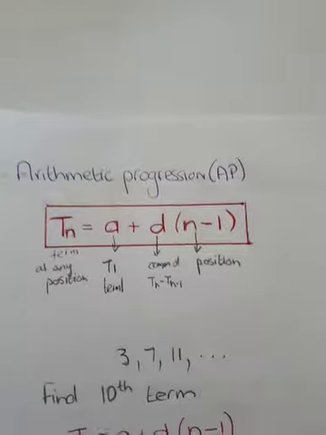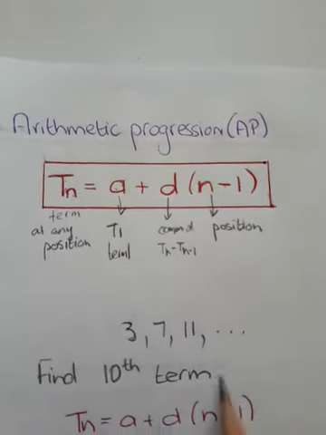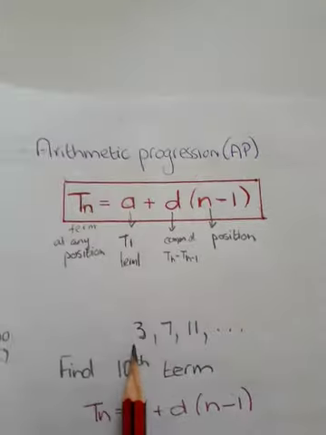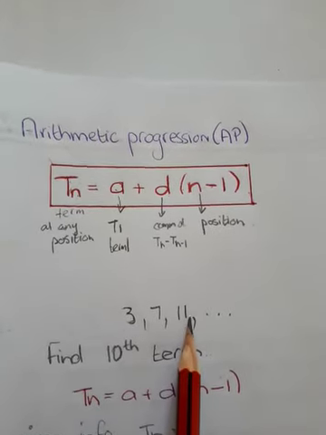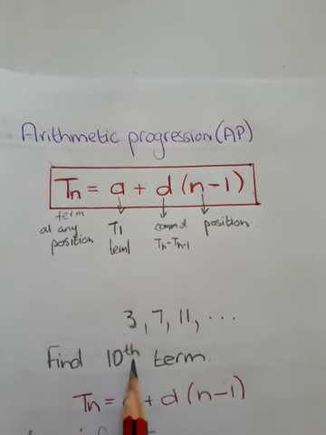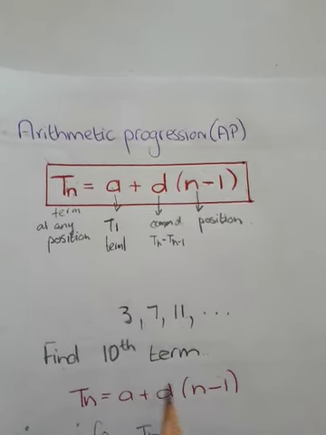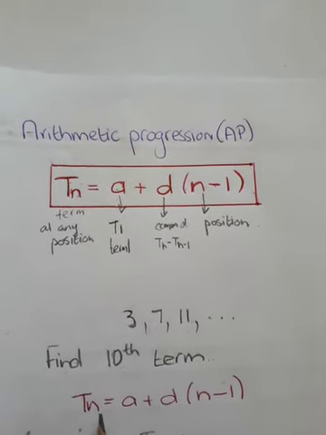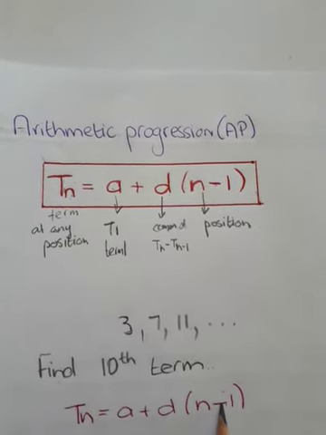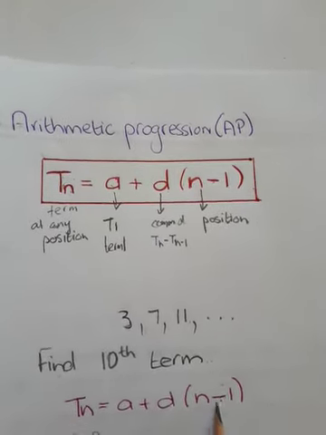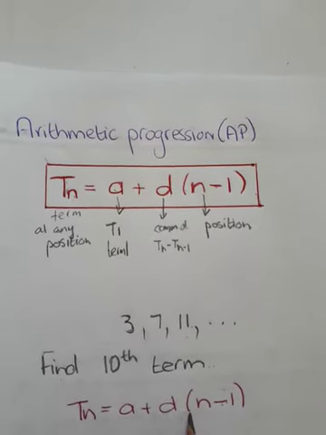So if we now look at the first example, they're giving you an arithmetic progression 3, 7, 11, and they ask you to find the 10th term. So point number 1 is, people, you must start with your basic formula. But now you must identify what is given and what is being asked.